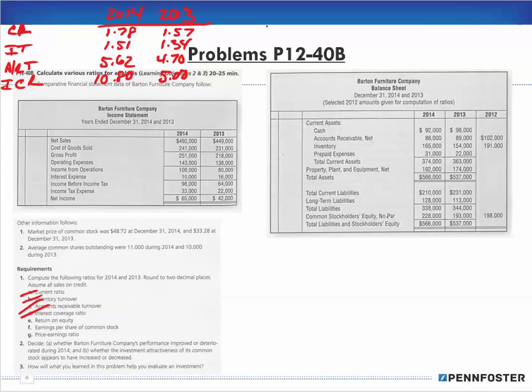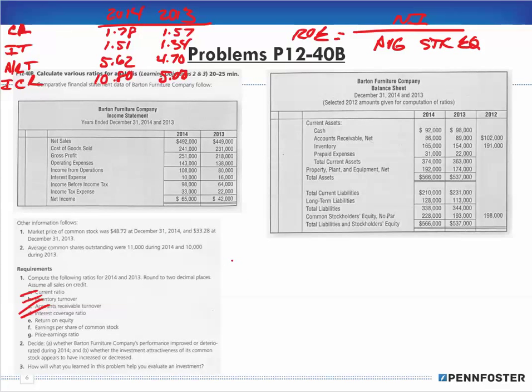All right, our return on equity is our net income divided by our average stockholders' equity. Okay, so for 2014, our net income is 65,000, and we're dividing it by our average stockholders' equity.